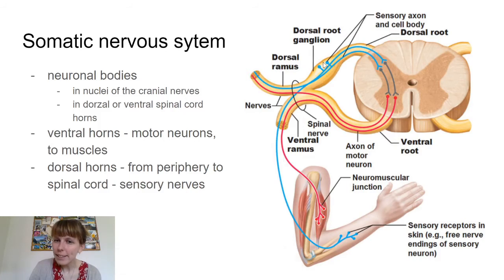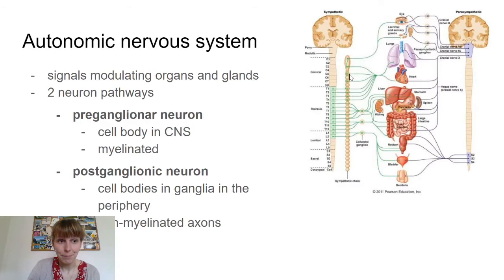These are the pseudo-unipolar neurons. I was saying when we talked about the different types of neurons that we have pseudo-unipolar ones and that they can be found in the spinal ganglion. This is the place where you would be looking at them. We will not be looking at them today.